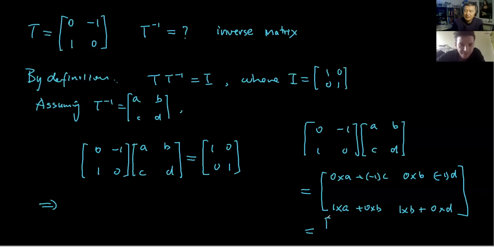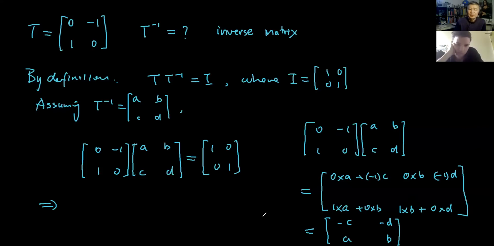So what is the result? 0 times A is 0, plus negative 1 C, so negative C is the first element. Then negative D. And then just A. And then just B.